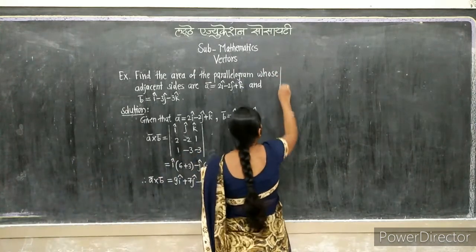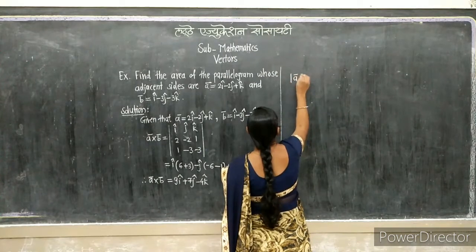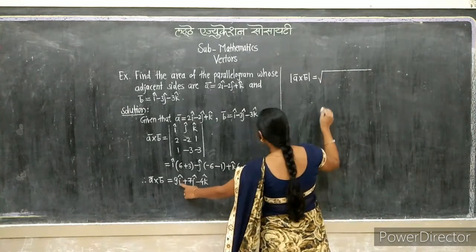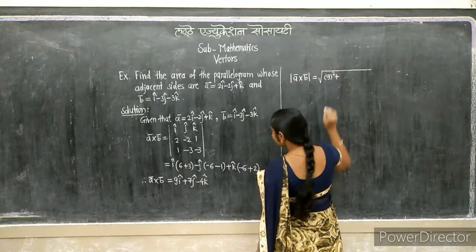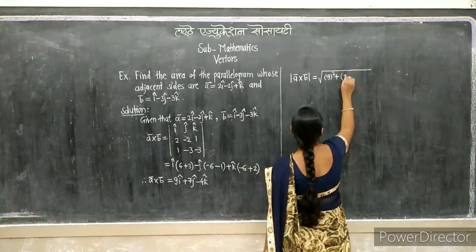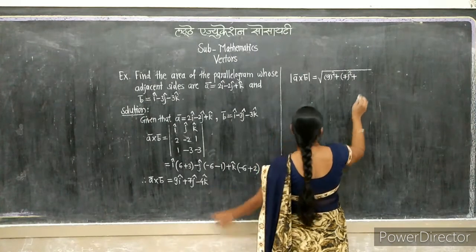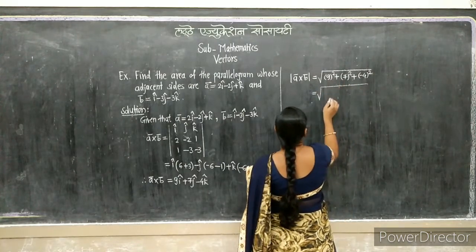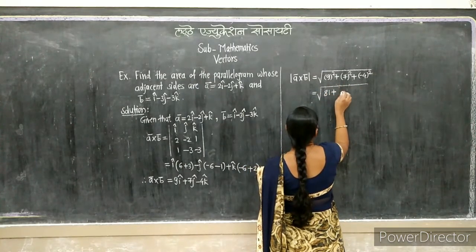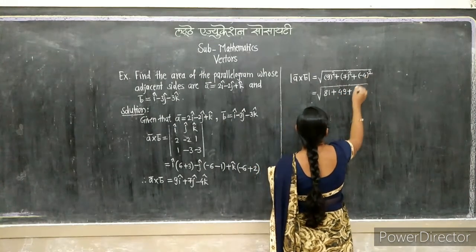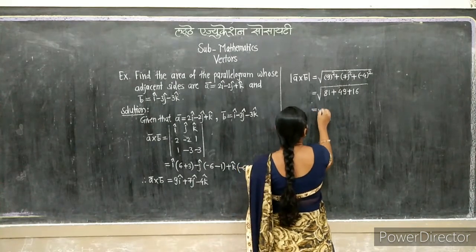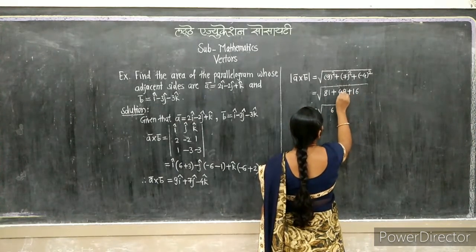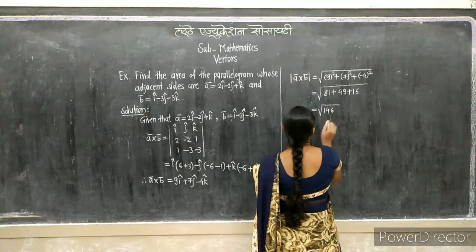Then the magnitude of a bar cross b bar is under root of the component of i square, that is 9 square, plus the component of j square, that is 7 square, plus the component of k square, that is minus 4 square, which is equal to 9 square is 81, 7 square is 49, plus 4 square is 16. 81 plus 49 is 130, 130 plus 16 is 146.